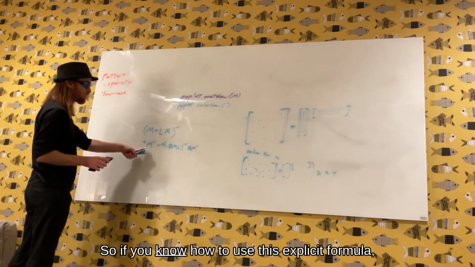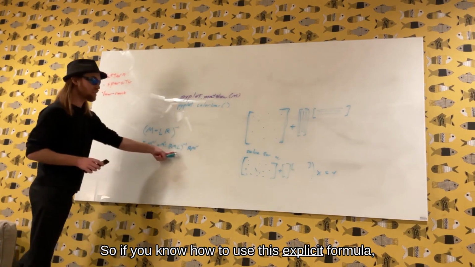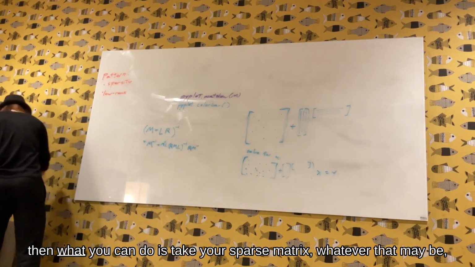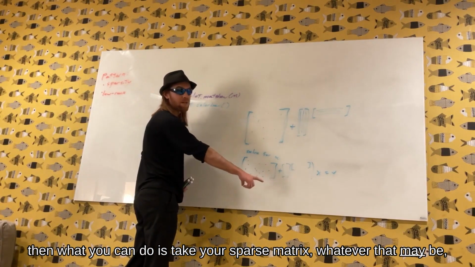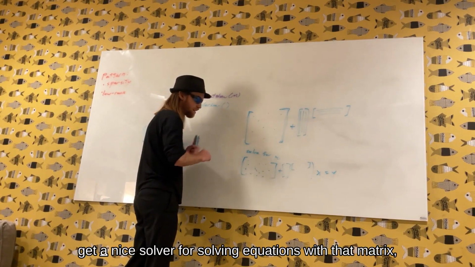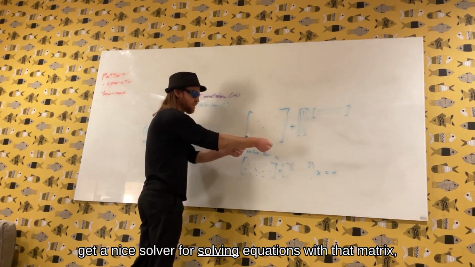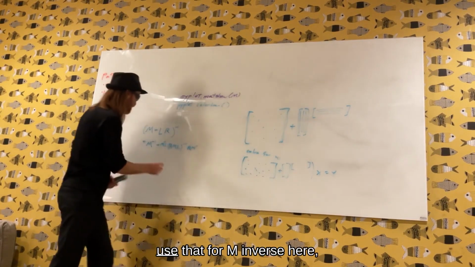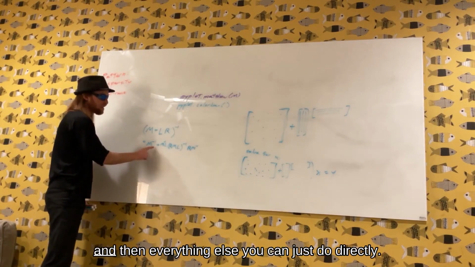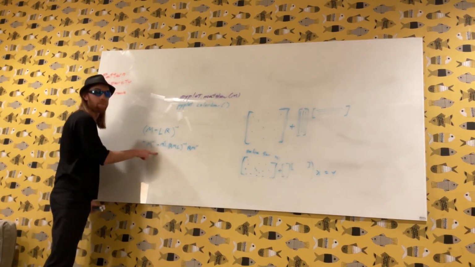So if you know how to use this explicit formula, then what you can do is take your sparse matrix, whatever that may be, get a nice solver for solving equations with that matrix, use that for M inverse here, and then everything else you can just do directly.